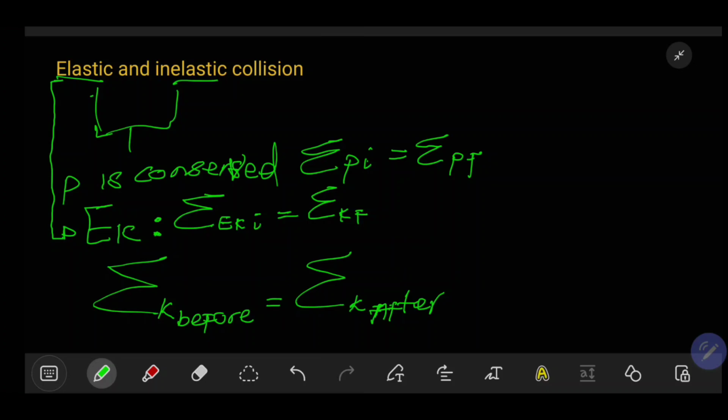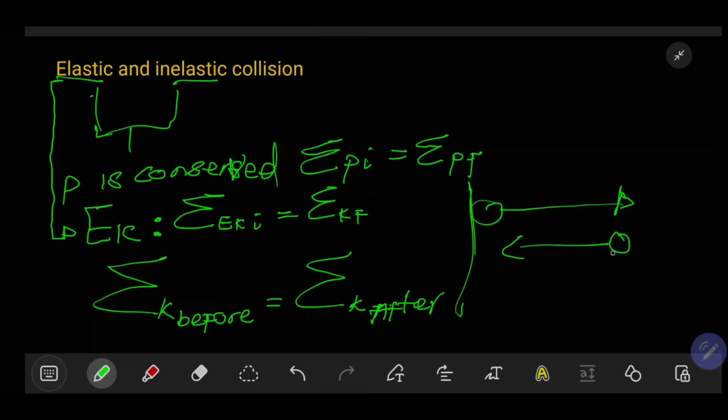An example of this collision, we can think of a ball bouncing off a wall. If you are throwing a ball towards a wall, and the ball bounces back and comes to its initial position, then the kinetic energy of the ball is conserved, meaning that the velocity at which the ball was traveling towards the wall is the same as the velocity at which the ball was traveling to you when it comes back.